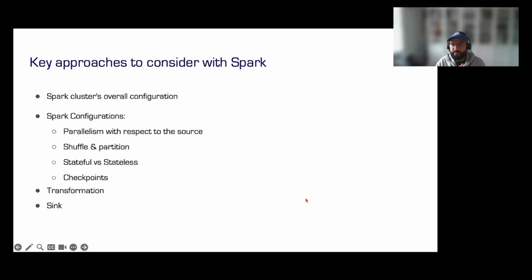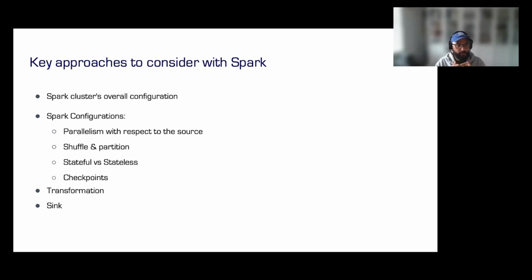So let's take some time with specific things to watch out for when deploying Apache Spark. Again, I cannot put enough emphasis on the cluster's overall configuration. This is really important.